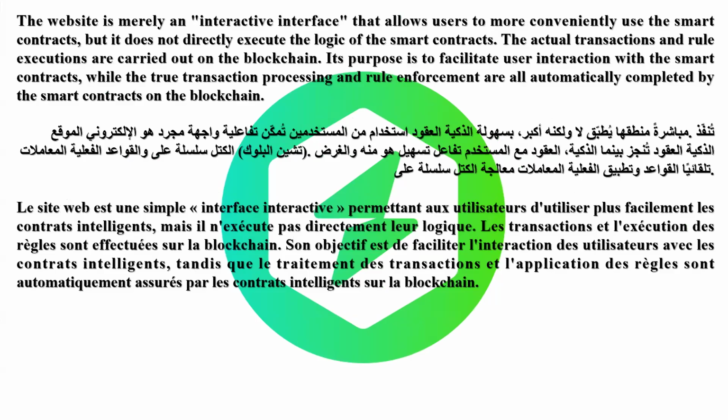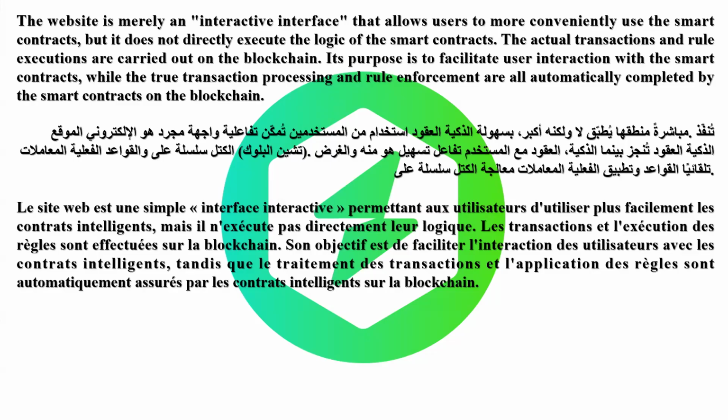So the website is merely an interactive interface that allows users to more conveniently use the smart contract. It does not directly execute the logic of the smart contract. You have to understand, it's the blockchain that controls the smart contract. The smart contract operates on the blockchain, not on the website. Even if the website gets hacked, very simple, get another new website.